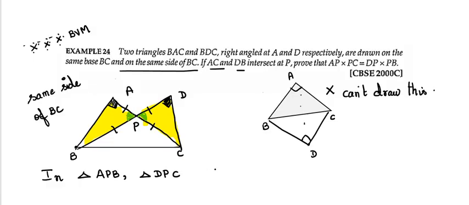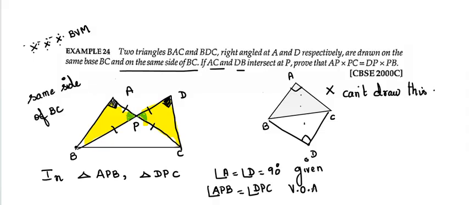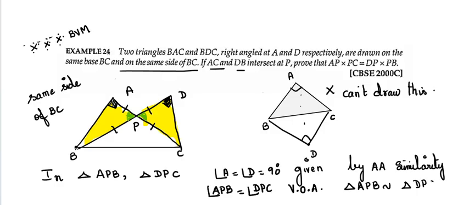Yeah. Angle A equals angle D, 90 degrees, given. Angle APB equals angle DPC, vertically opposite angles. So, by AA similarity, triangle APB is similar to triangle DPC.